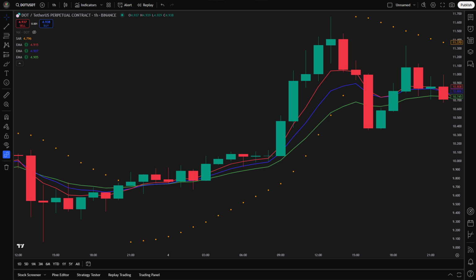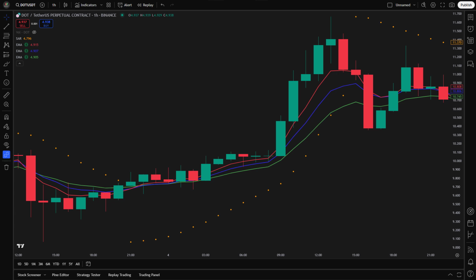To enter a long trade, we need all of the following conditions to be met. 1. 5 EMA crosses above the 13 EMA, indicates that short-term momentum is turning bullish. 2. 8 EMA crosses above the 13 EMA, confirms the transition to a stronger upward trend. 3. 5 EMA greater than 8 EMA greater than 13 EMA, a clear bullish structure where the faster moving averages lead the trend. 4. Multi-time frame confirmation.